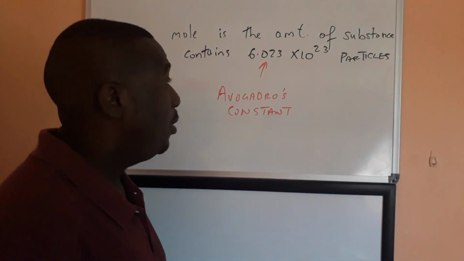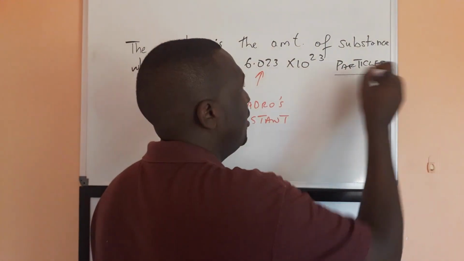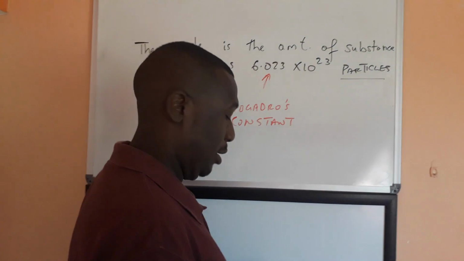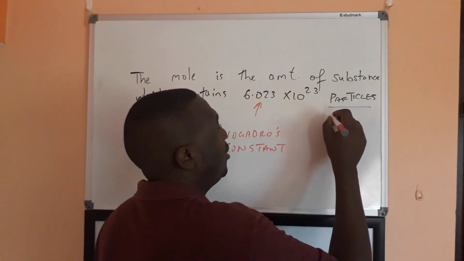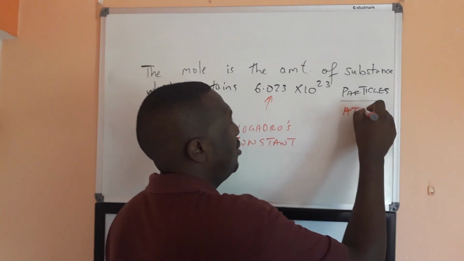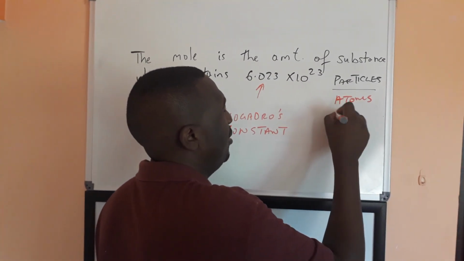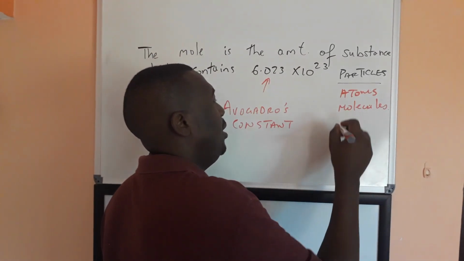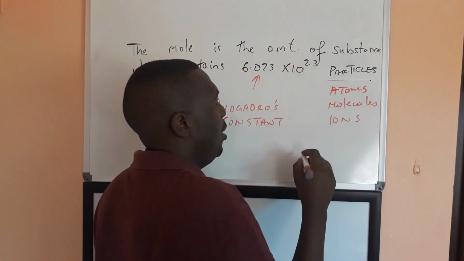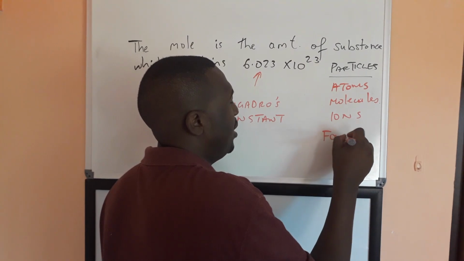Now, when we talk about particles, there are different types of particles. Depending on the nature of the substance, the particles could be atoms, molecules, ions, or formula units.